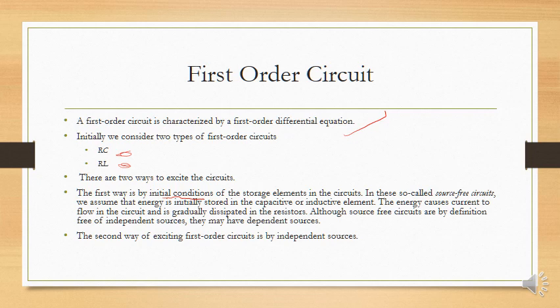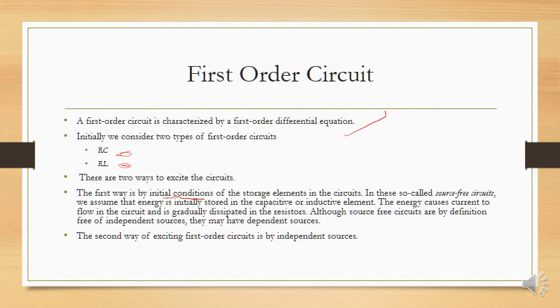In the present state our circuit has no source at all, but we assume that it had a source connected to it in a previous state, and that source generated a charge on the component. Now as we have no source in our circuit, we are going to utilize that previously stored charge.